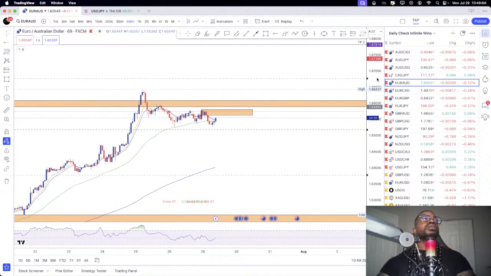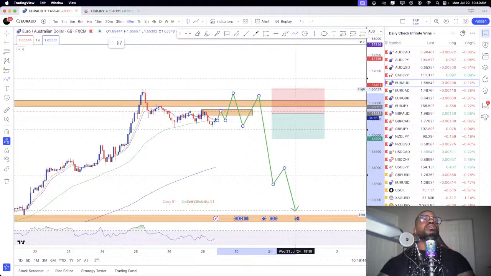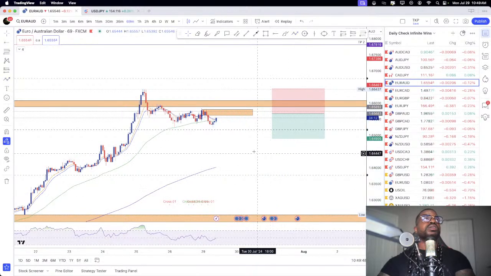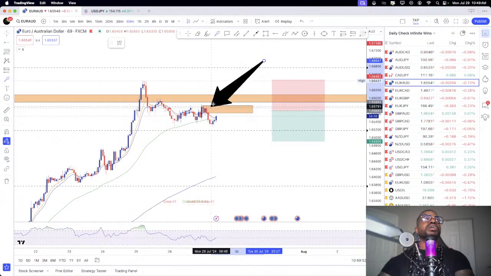Okay, so right now we have a possibility that Euro AUD could retest either this level or this high here and turn around to create a lower low. So what we want to do is monitor it in this area here.